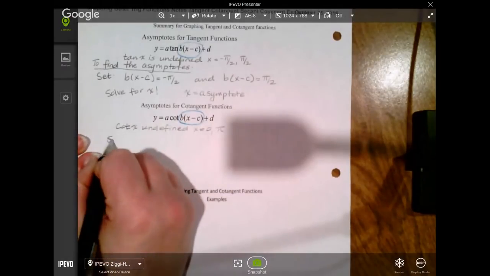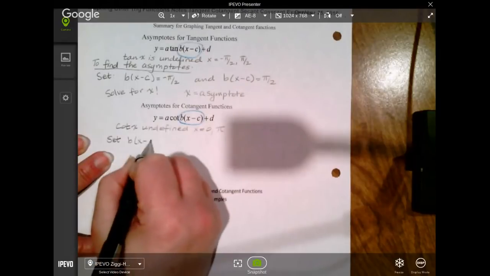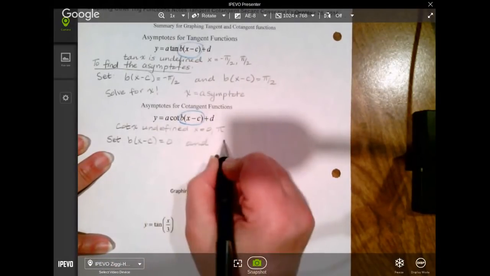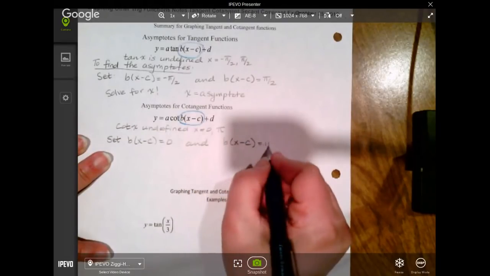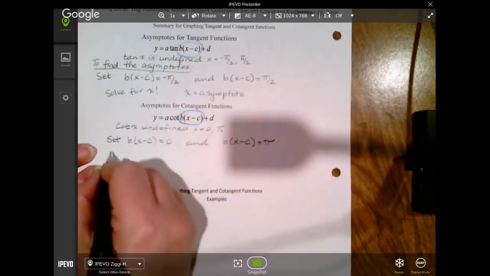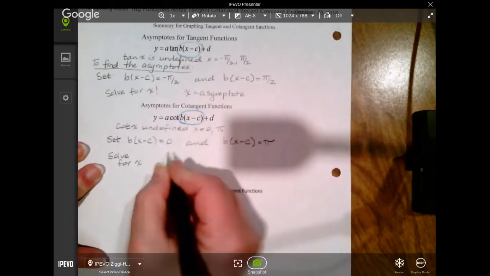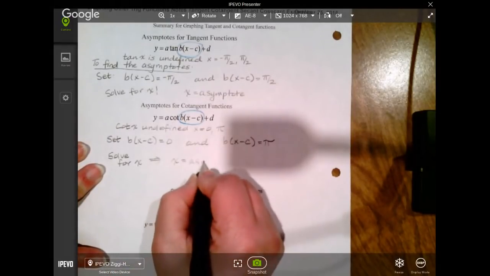So we're going to set our angle argument, b times x minus c, equal to 0, and b times x minus c equal to pi, and then we're going to solve for x, and then that will give us x equals the asymptotes.